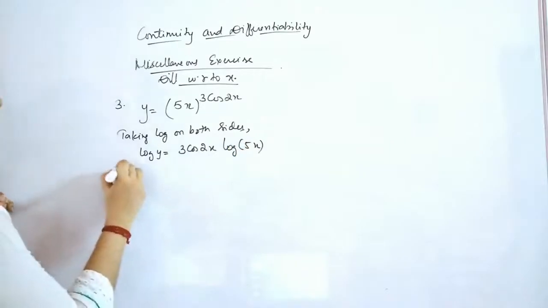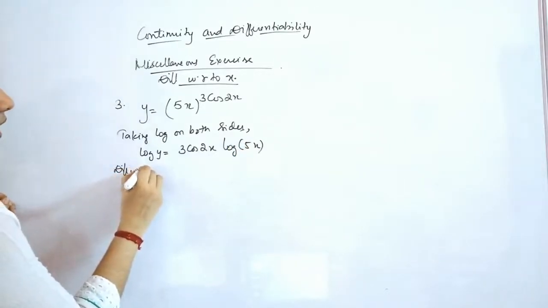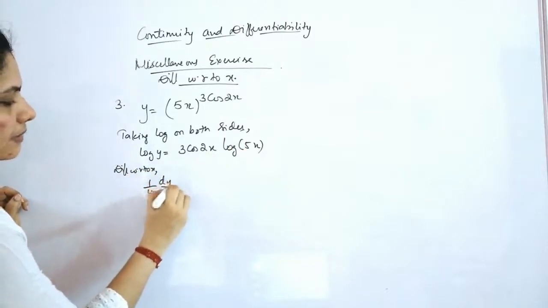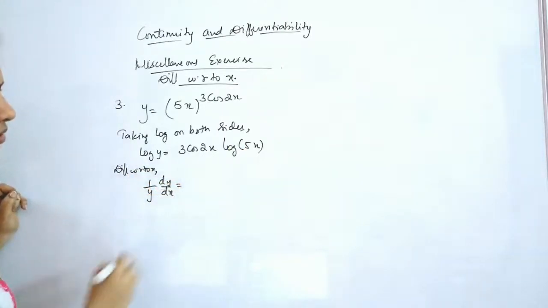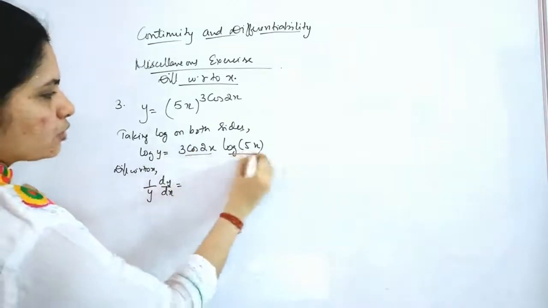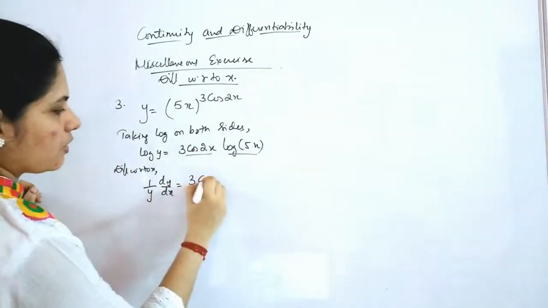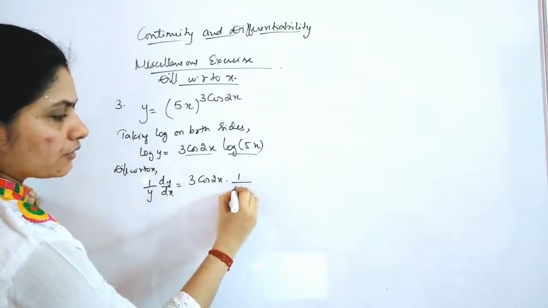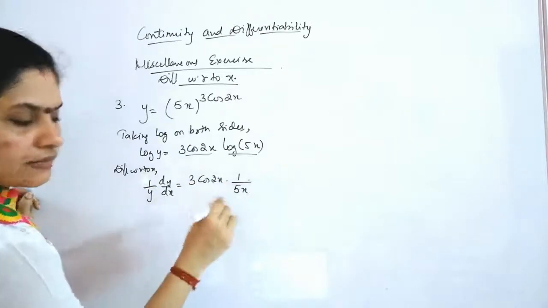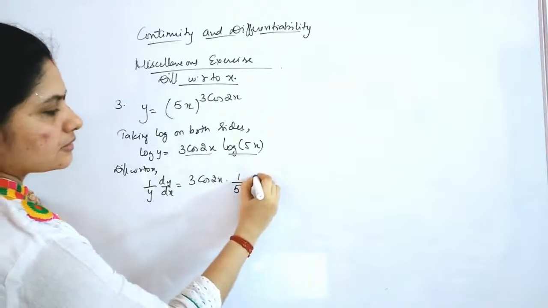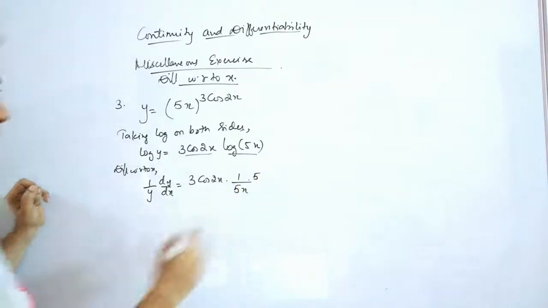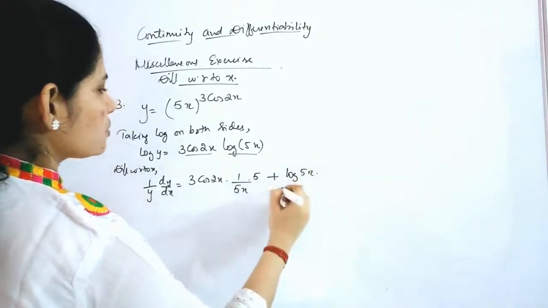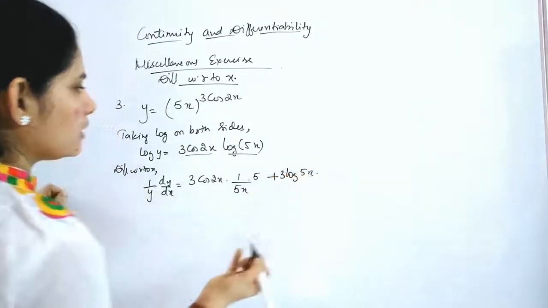Okay. Now differentiating with respect to x, you will get 1/y dy/dx equal to, again you have two functions, so 3 cos 2x into log of something will give you 1 by that into the derivative of 5x, which is 5, plus log 5x into 3, which is again a constant, you can take it out.